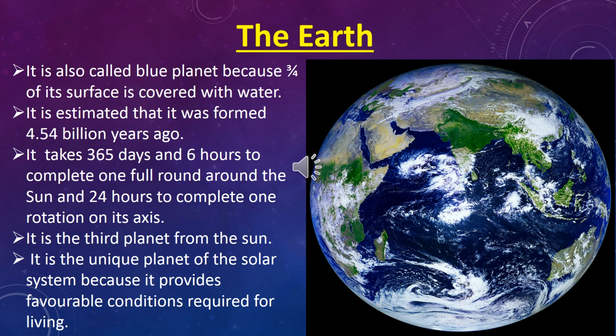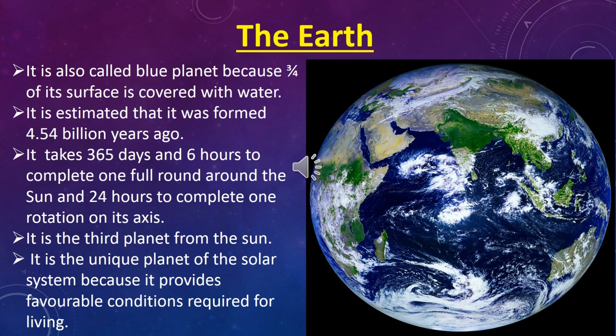It takes 365 days and 6 hours to complete one full round around the Sun and 24 hours to complete one rotation on its axis. The Earth rotates on its own axis, plus it moves around the Sun, which is called revolution.